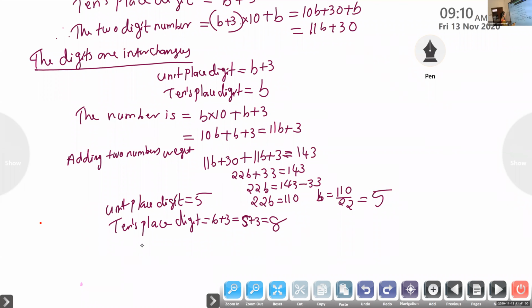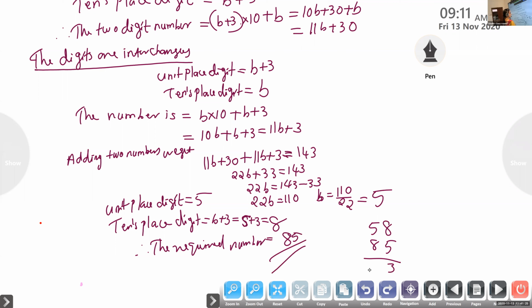Therefore, the required number is 85. What happened when we interchange? When we interchange, we will get 58. And what is 58 plus 85? 143. See, we are getting the conditions given in the question.